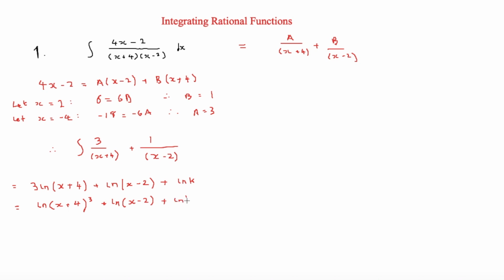And for our final step, we can make it all in terms of one ln. As it's added together, it means that everything is going to be multiplied together. So we have ln of k times (x plus 4) cubed times (x minus 2). And that is how you express your final answer.